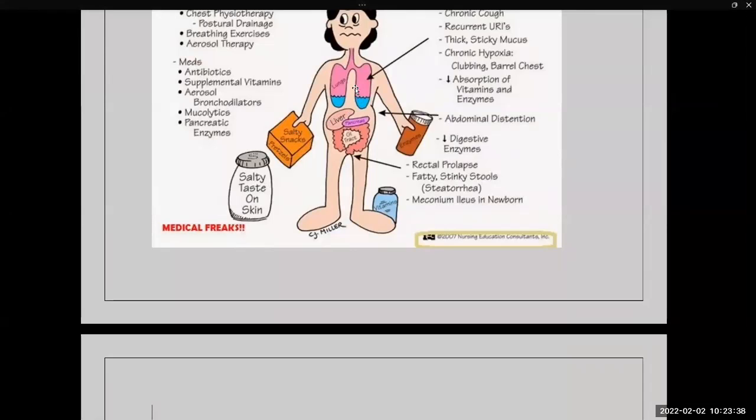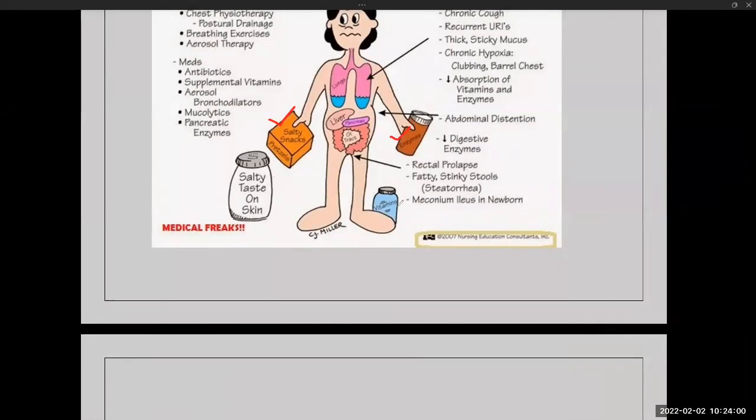Salty tasted skin. If possible, you can just remember this particular picture. The child is having salty snacks on his hand and one bottle with enzymes. So how would you treat cystic fibrosis?